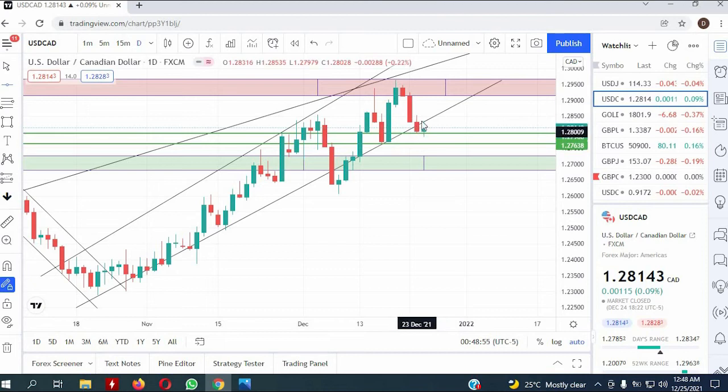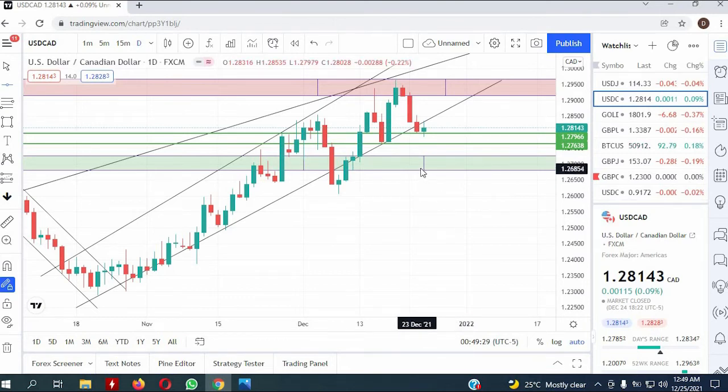The USD CAD broke the trend line, making a pullback to the trend line, and is expected to push further down if it is going to reverse. So the USD CAD is expected to push further down into this support area right here.